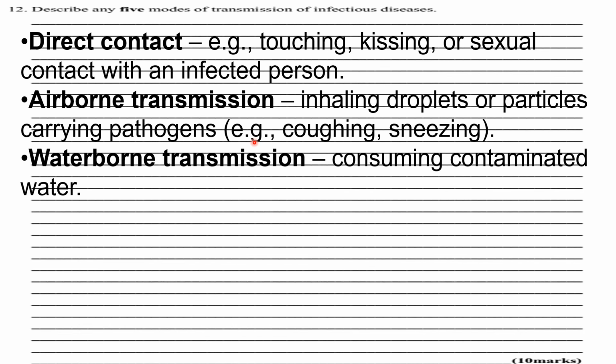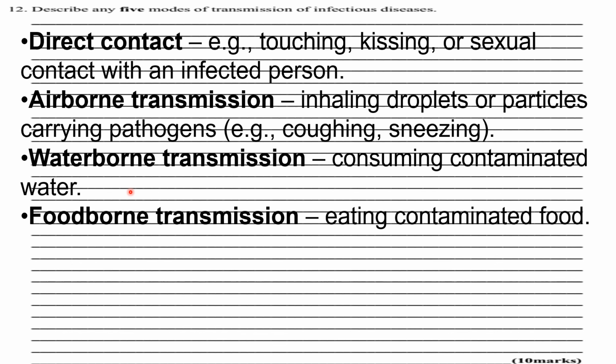Some diseases are transmitted by water. We call them waterborne diseases. For example, drinking contaminated water can lead to contraction of diseases. Some diseases are contracted through eating food which is contaminated.